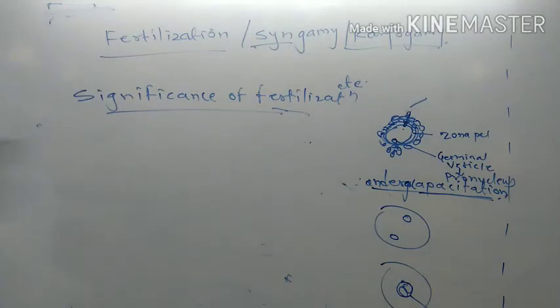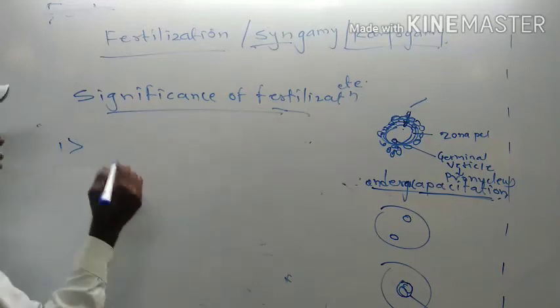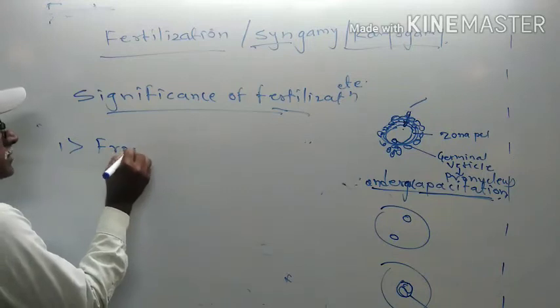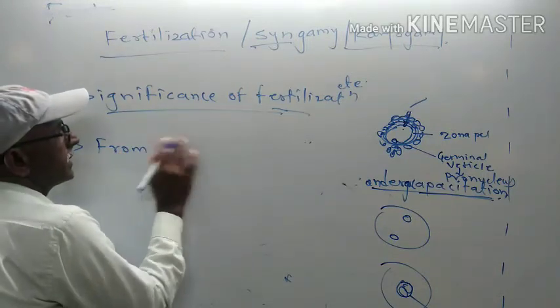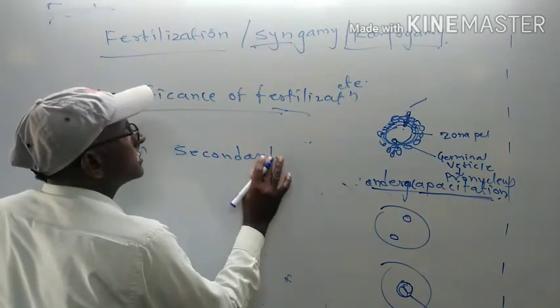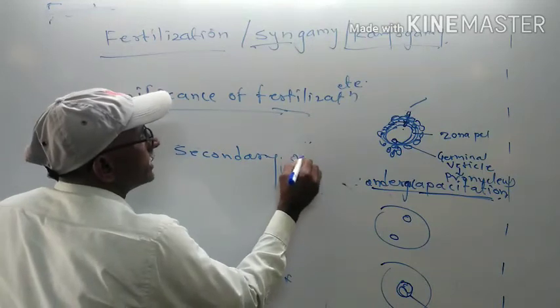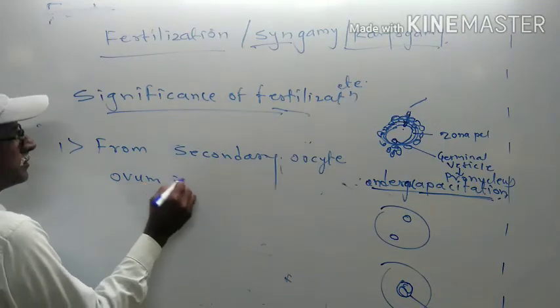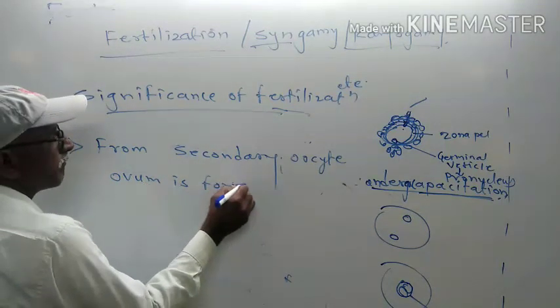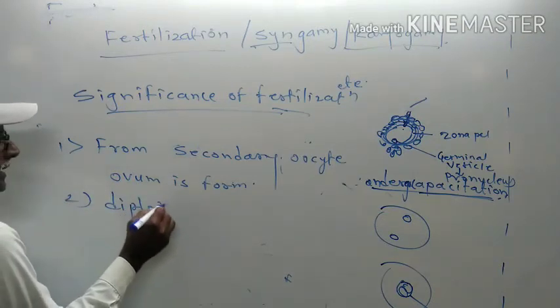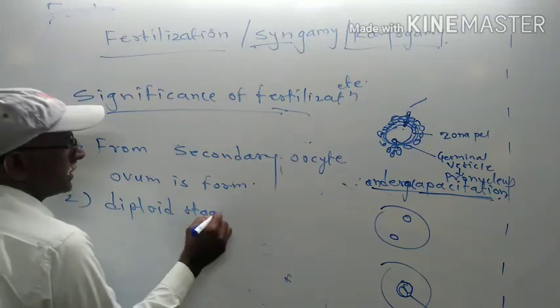In significance, an ovum structure is formed from the secondary oocyte. Then the diploid stage is restored.